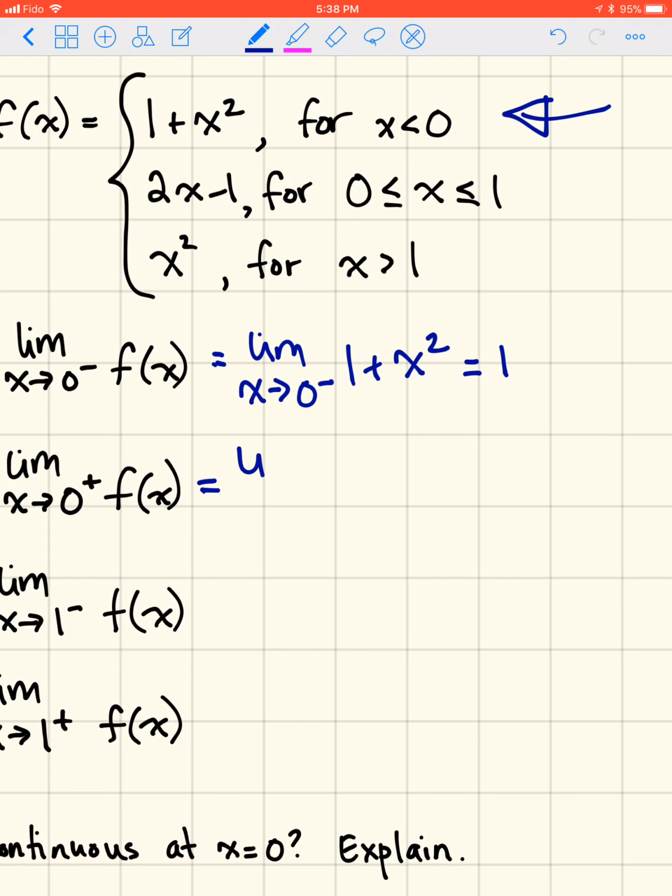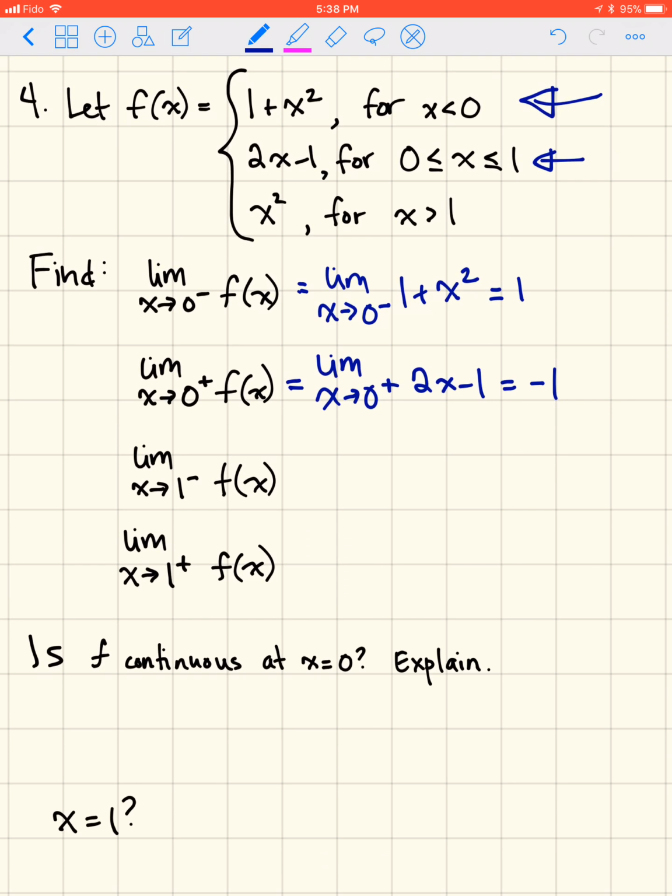Similarly, the limit as x goes to 0 from the positive side, we do exactly the same way, only now we're coming at 0 from the positive side, so we need the second part of our function, which is 2x minus 1, and the limit of that is negative 1 when we put in 0 for x.